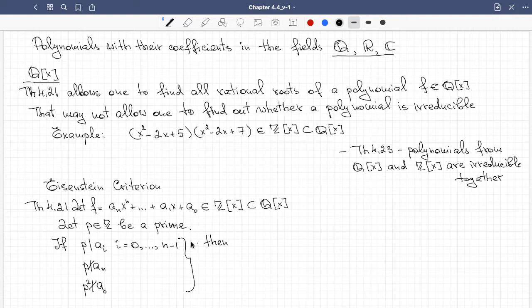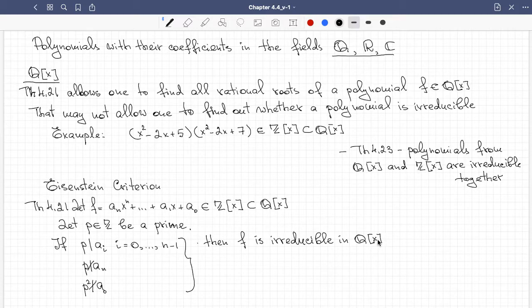So if these conditions are satisfied, we can find the prime which divides all coefficients except the leading one, does not divide the leading one, and p squared does not divide a_0. Then f, the polynomial, is irreducible in Q of x.